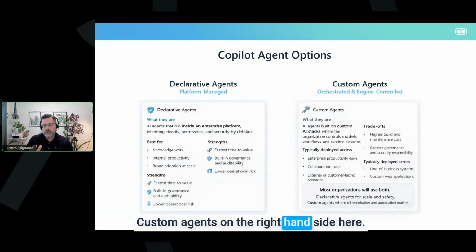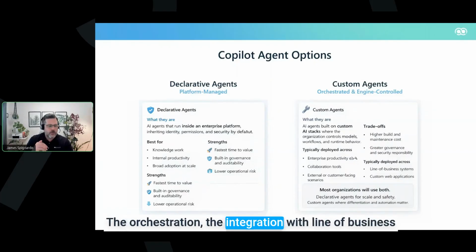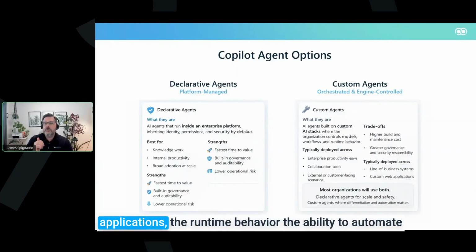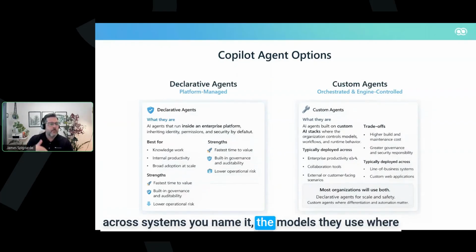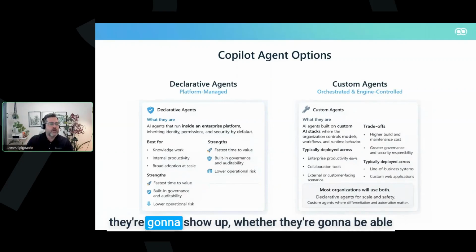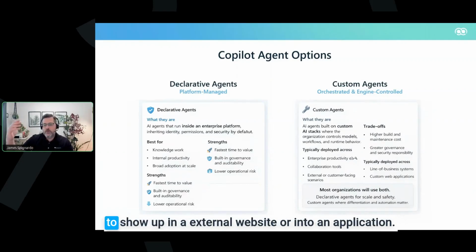Custom agents on the right-hand side here, these are built on custom AI stacks where the organization can control every piece of it: the orchestration, the integration with line of business applications, the runtime behavior, the ability to automate across systems, you name it, the models they use, where they're going to show up, whether they're going to be able to show up in an external website or in an application, you name it.